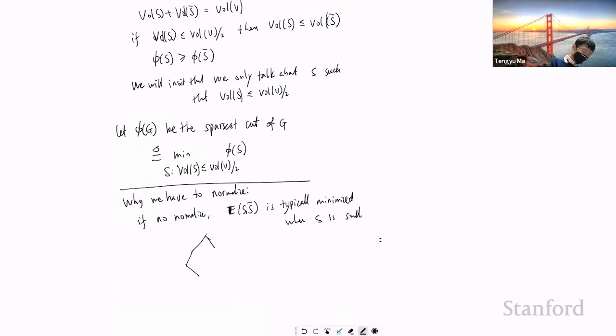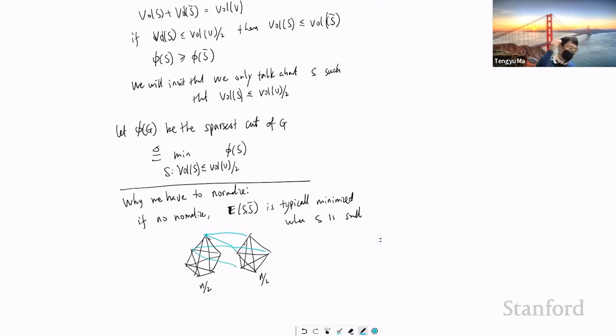Suppose you have a graph like this: a completely connected subgraph, so you have n over 2 nodes, n over 2 nodes, and within each subgraph you have complete connection, and then you have a very small number of connections between them. Maybe every node is connected to 2 of them.